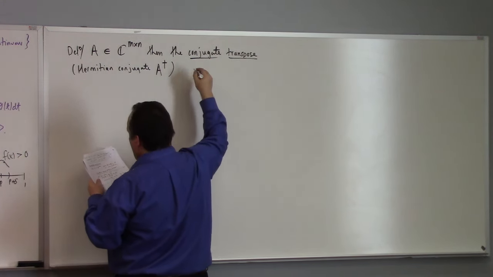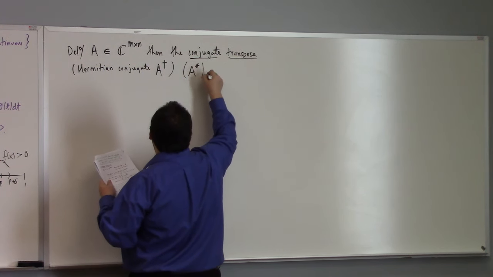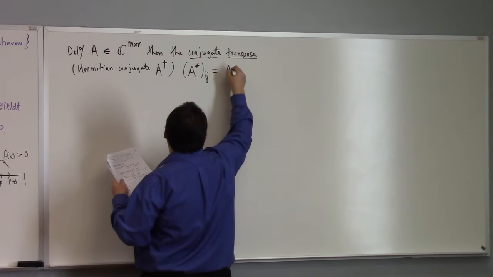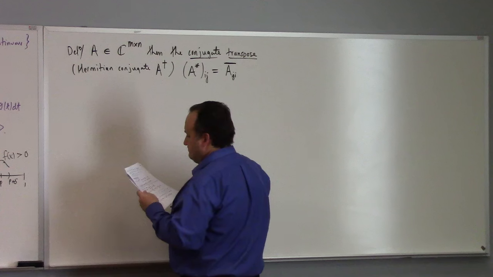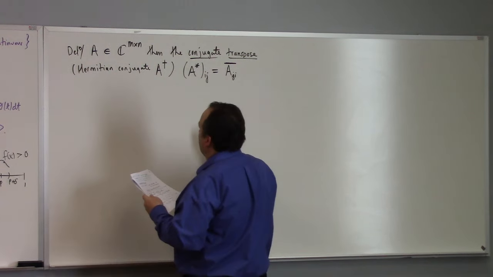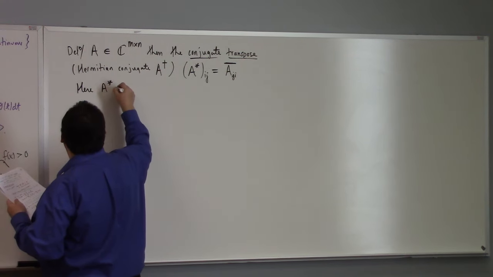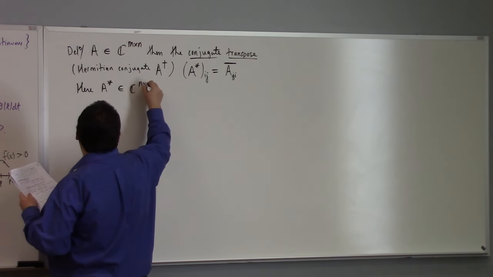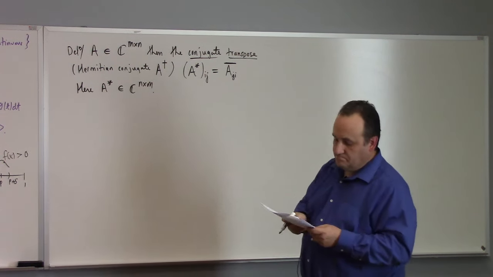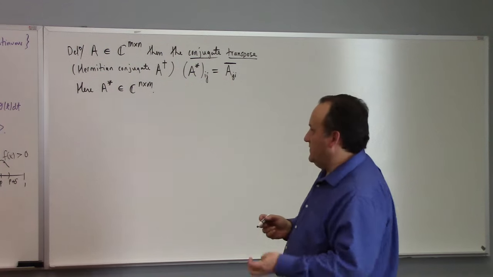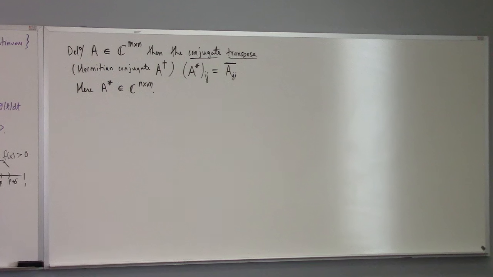But here we'll follow the book, and he uses A star. And A star ij is equal to A bar of ji. So A star is going to be an element of C n by m. So the conjugate transpose.